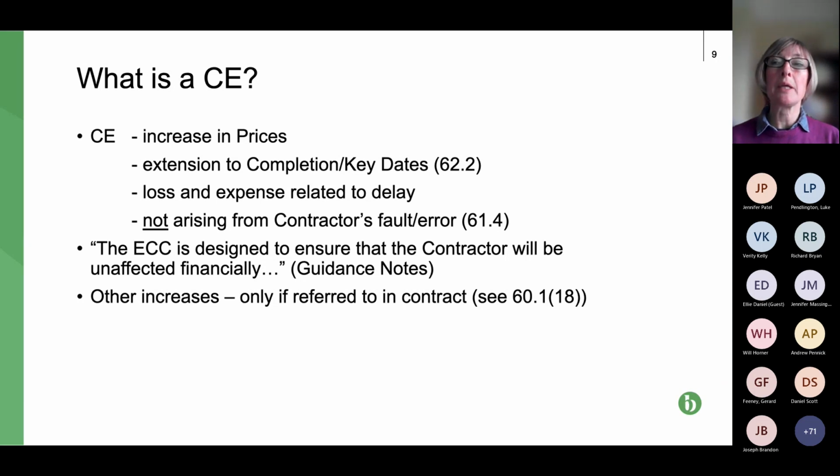So critically, it's basically saying that the contractor, and this applies to subcontractors, shouldn't be worse off for having had to carry out compensation event work. So if we can move on to the next slide, please, Jen.